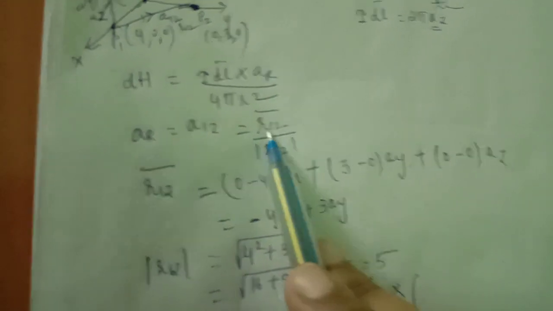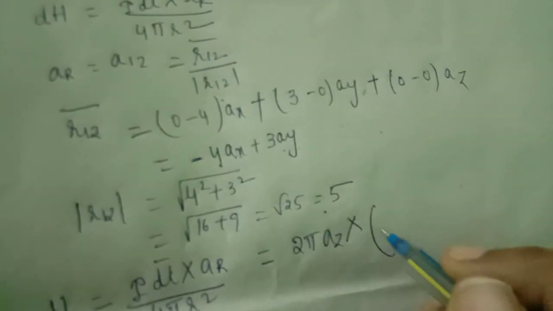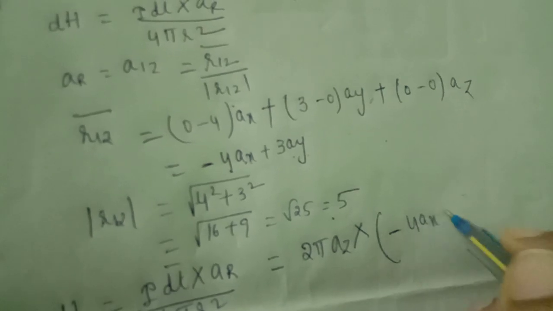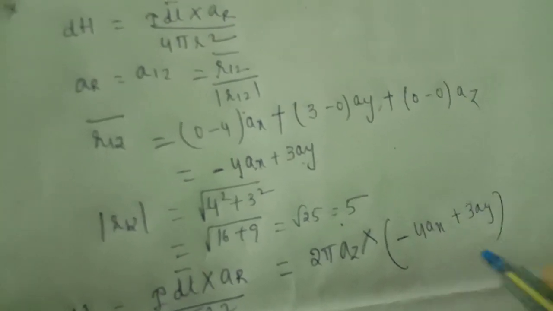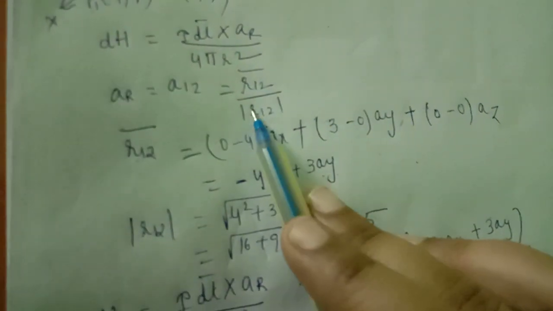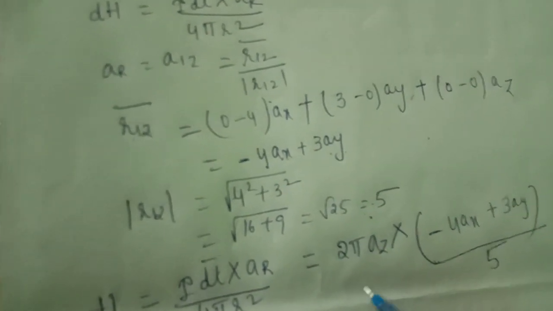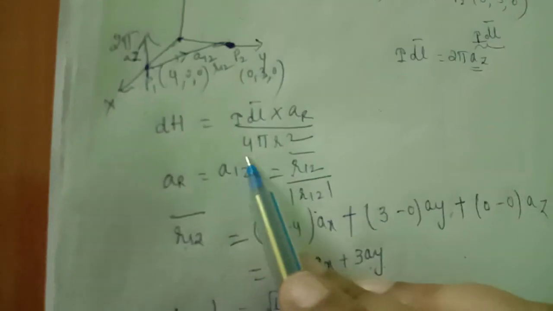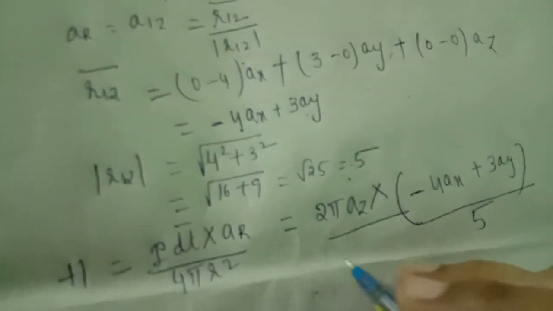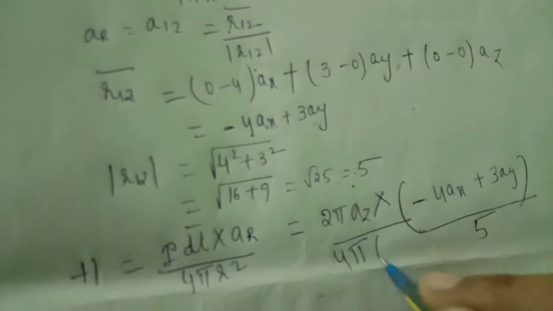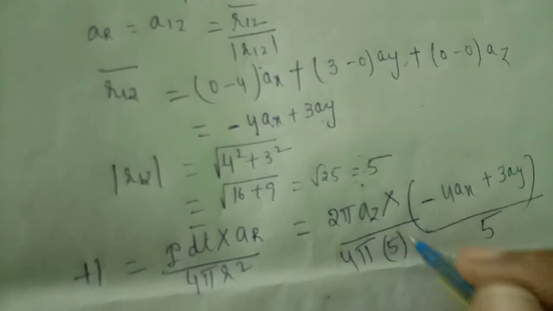R12 by the magnitude of R12, that is minus 4ax plus 3ay by 5, divided by 4 pi R square, which is 4 pi into 5 whole square.